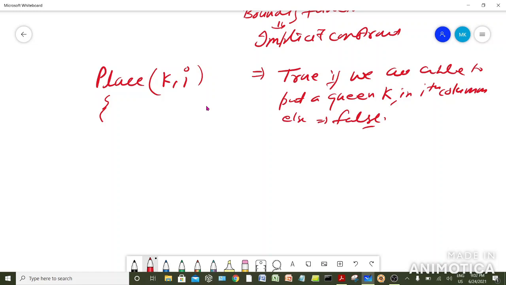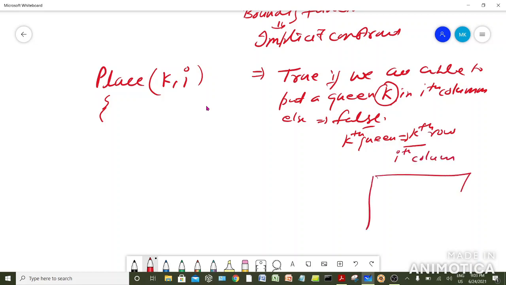Fine. Now try to understand, try to get deeper in. It is talking about the kth queen, or we may say we are trying to place the queen in the kth row. So one and the same thing, kth. And we are trying to place it in the ith column.